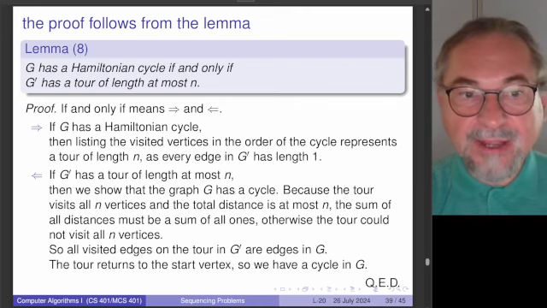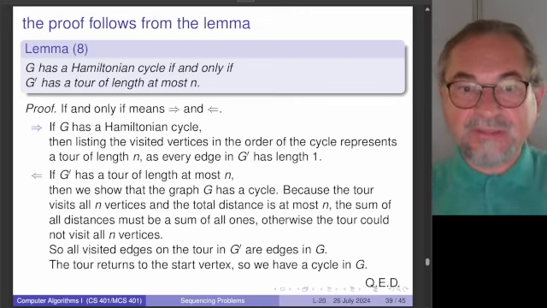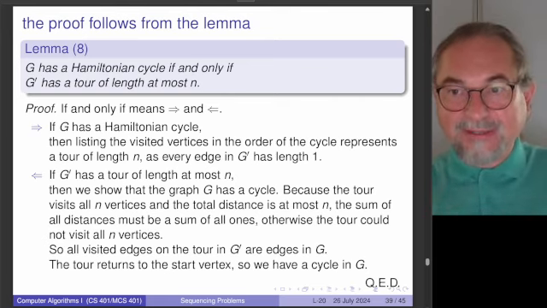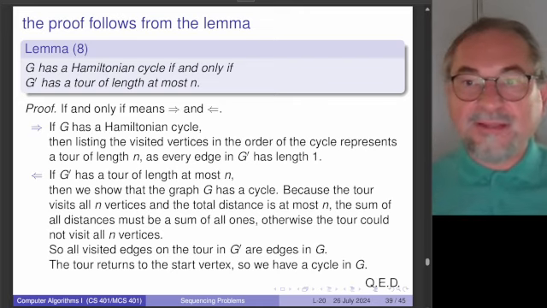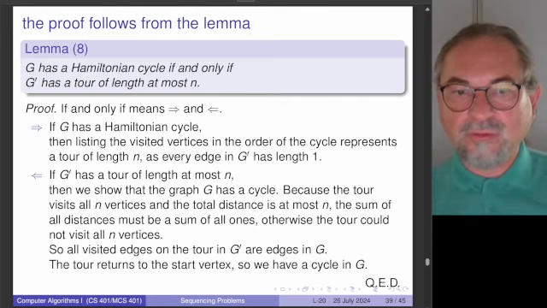On the other hand, if the traveling salesman problem comes up with a tour of length n, then we can show that there is a cycle. The tour visits all the vertices, and the length is n, which means that we could not have visited any edge of length 2.